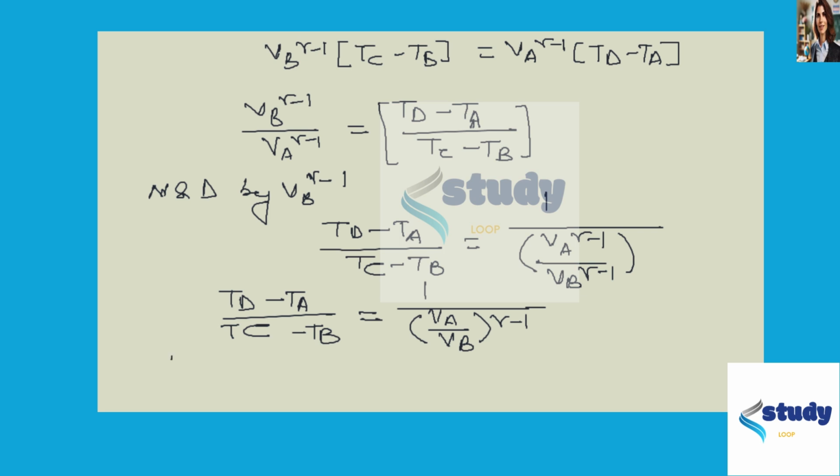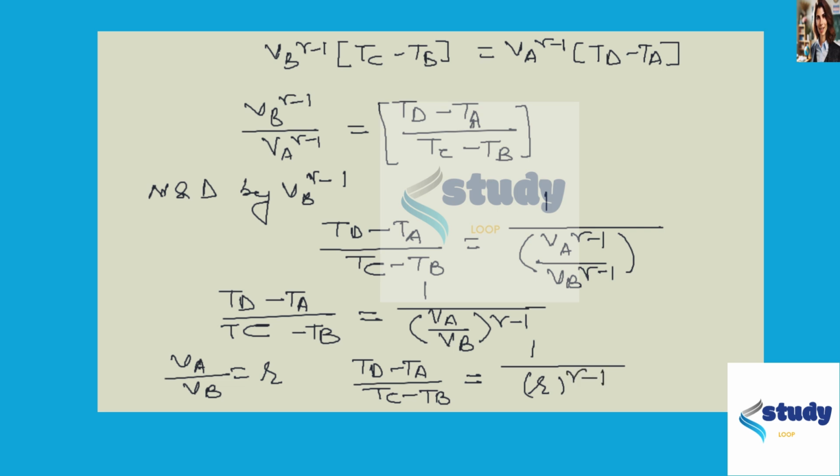Now we know that VA upon VB is equal to r, as given in equation 6. So we can write this expression as TD minus TA upon TC minus TB is equal to 1 upon r to the power rho minus 1.